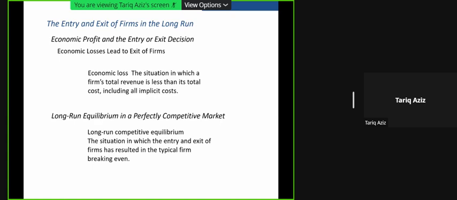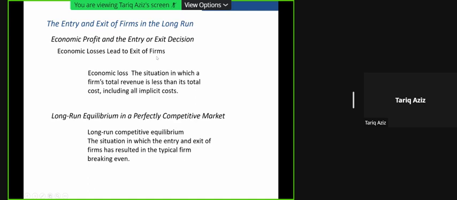economic losses. Economic loss is the situation in which a firm's total revenue is less than its total cost, including all implicit costs. Long-run competitive equilibrium is the situation in which the entry and exit of firms has resulted in the typical firm breaking even.